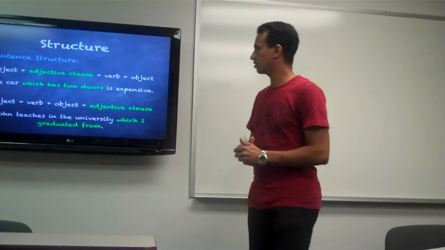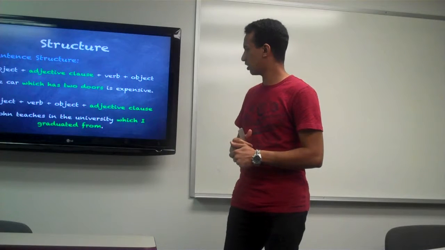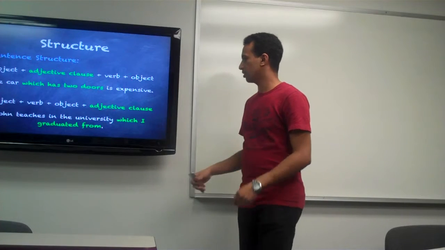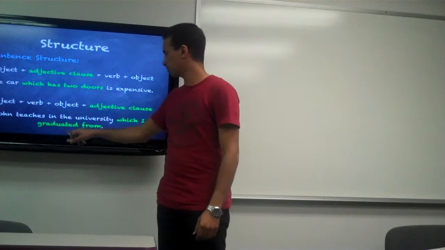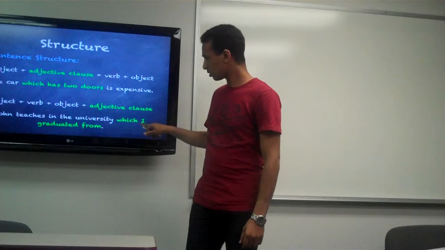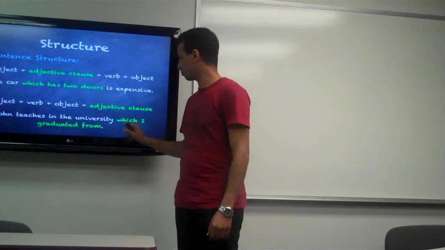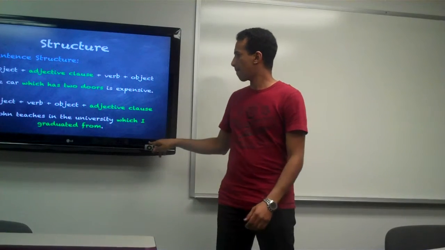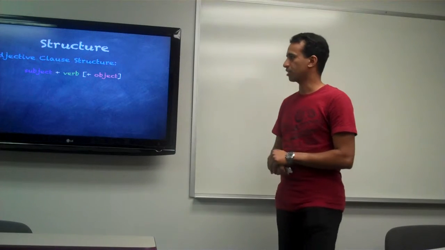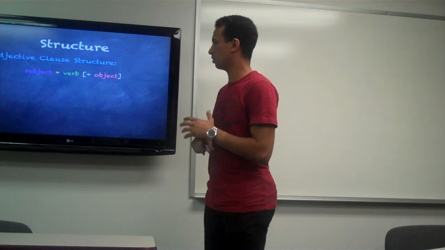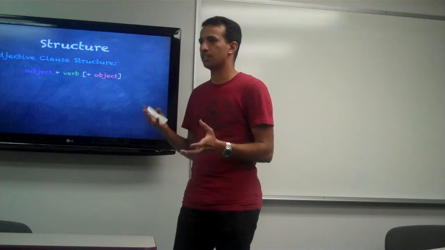Here is an example. John teaches in the university, which I graduate from. So here we describe the university, which I graduate from. I use which because it's a thing, and I graduate from. So we're going to move on. The adjective clause structure has 2 ways to show the differences.